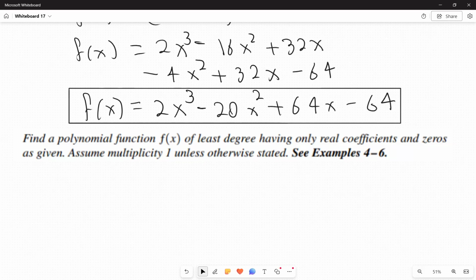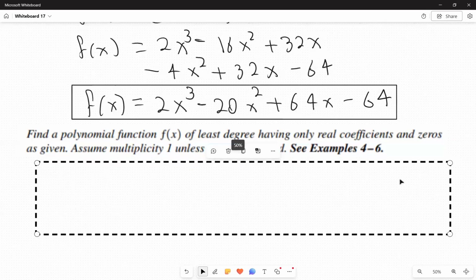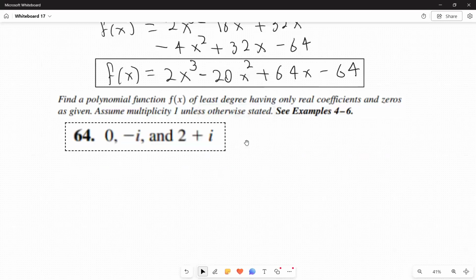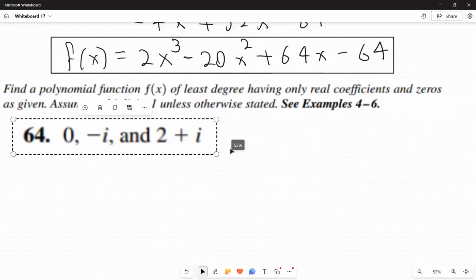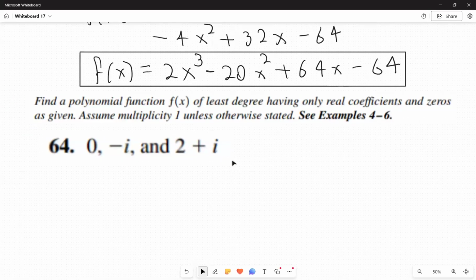So we're going to do number 64 on the same page. So this polynomial has zeros at 0, minus i, and 2 plus i.